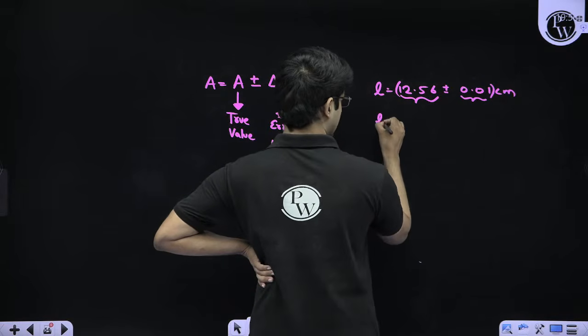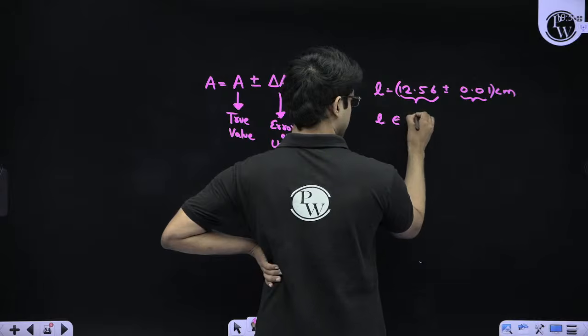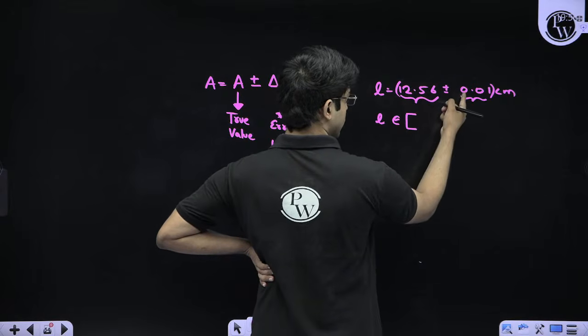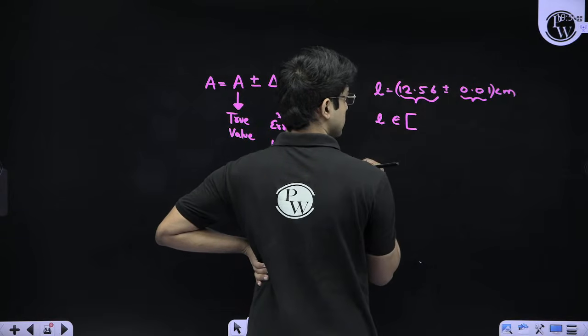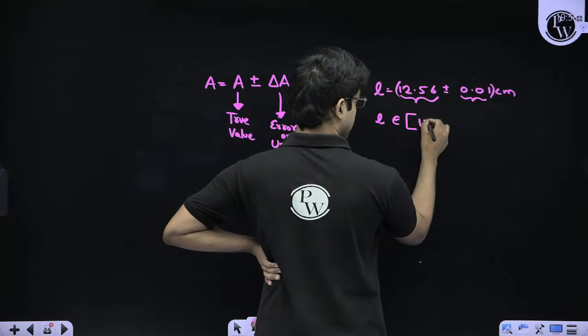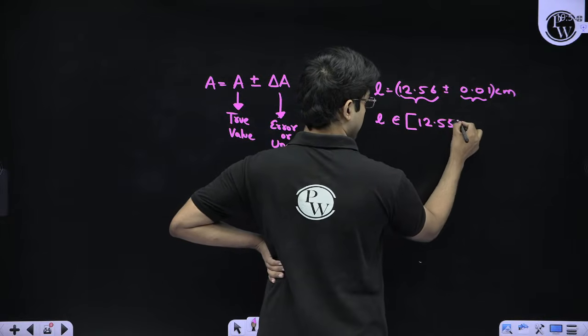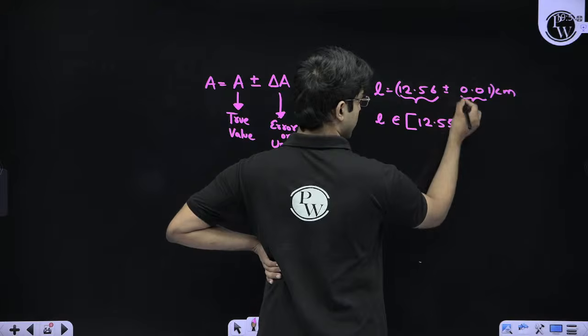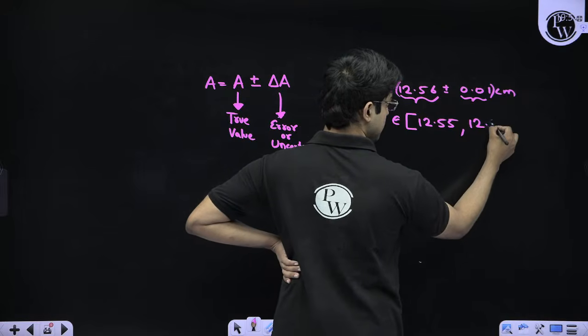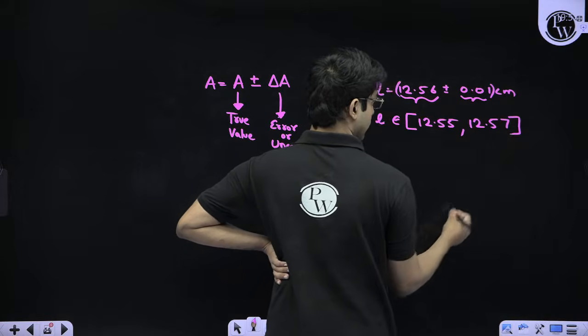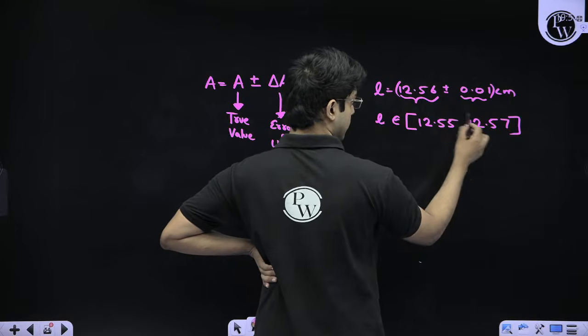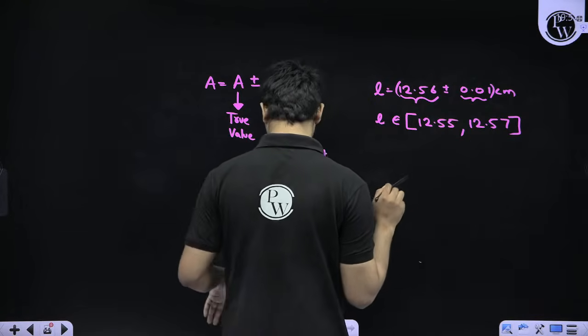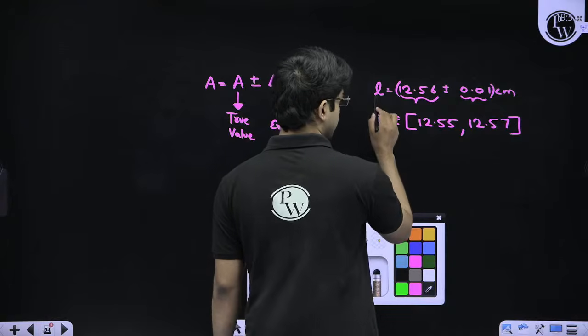So the length will lie between, subtract these two, it will be 12.55, right? Then add these two, so you get 12.57. So the length value, we are 100% confident it will be between these two values.